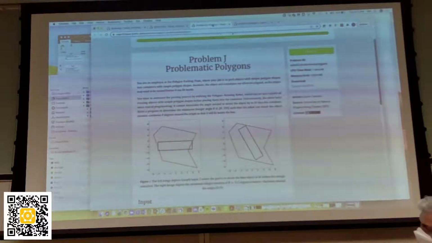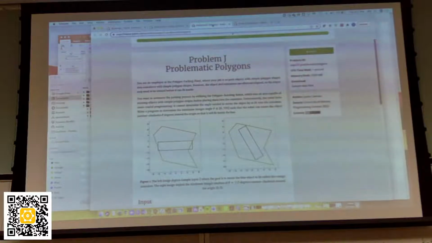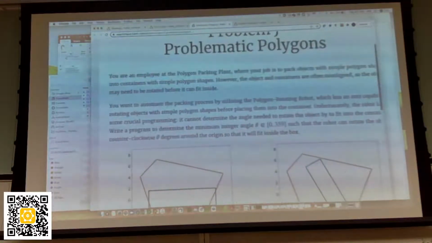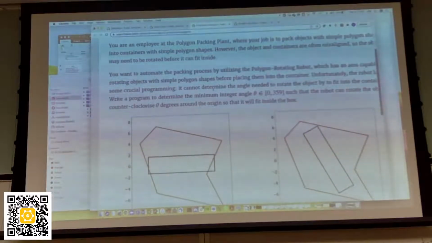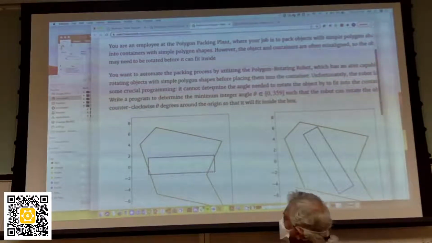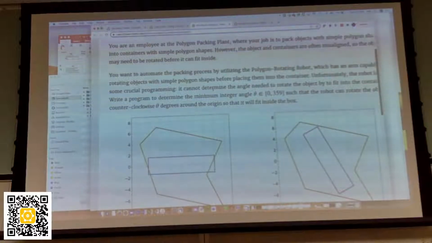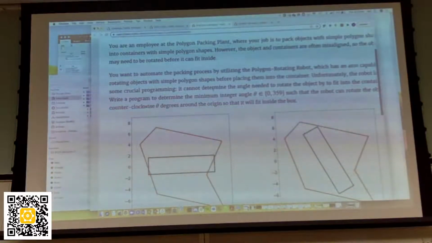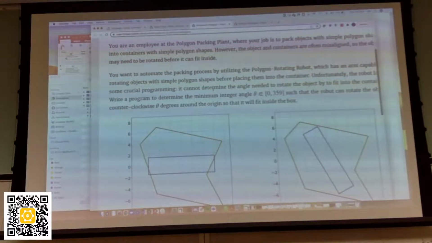All right. I'll give you a few minutes to read this, and I will zoom in a bit for you. These are called problematic polygons. Take a look. Here you're given 2 polygons, and then you're asked what?